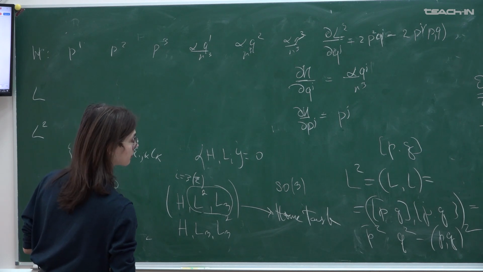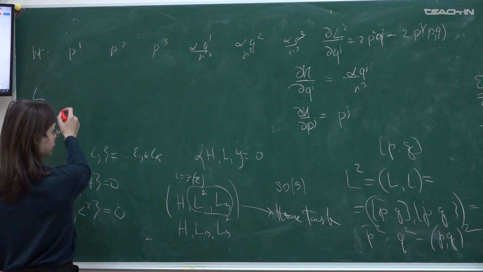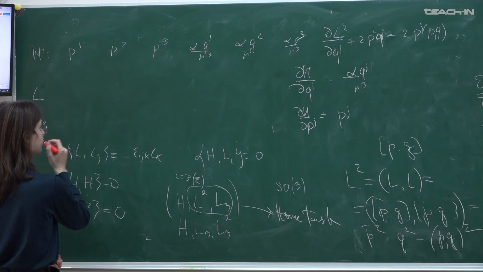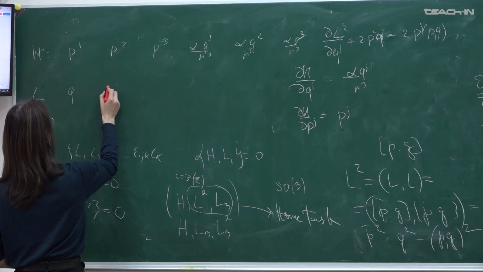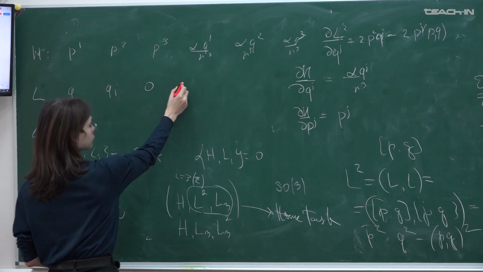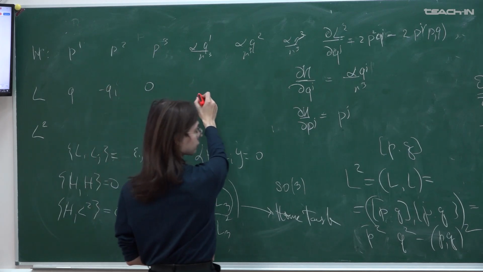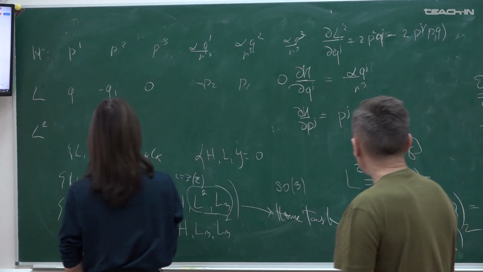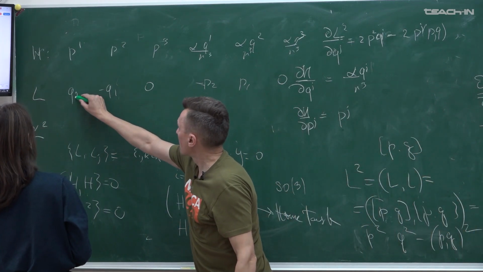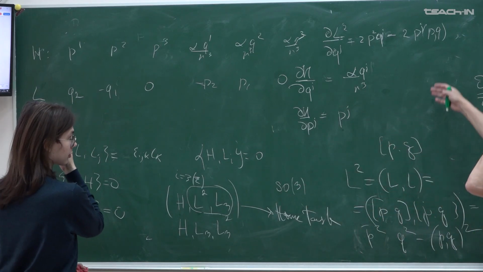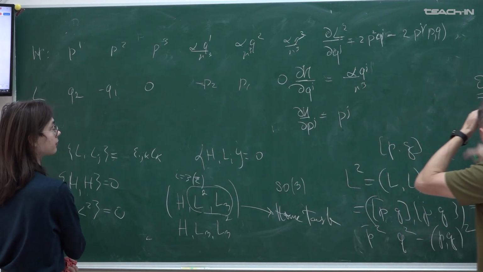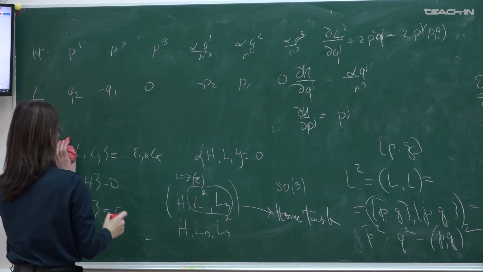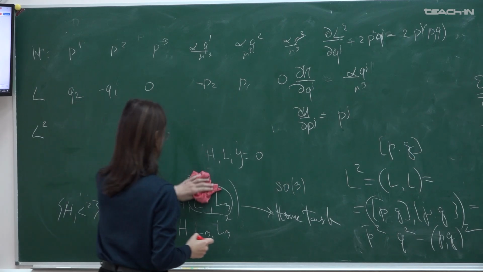Next one, the differential of L3. Q2, minus Q1, 0, Q2, minus P2, P1, 0. And then this one. We start by differentiation over P1.